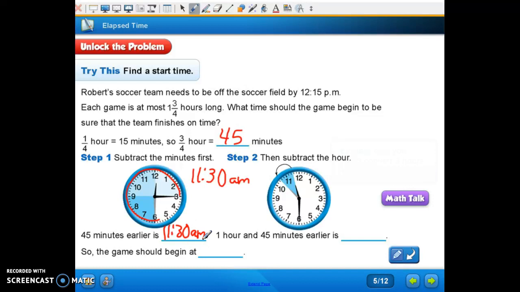You should be writing that. 1 hour and 45 minutes earlier is, now if we go back from there, an hour. From 11:30, we're going to go back and it's going to be 10:30 a.m. So the game should begin at 10:30 a.m.